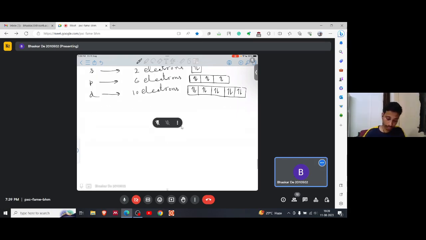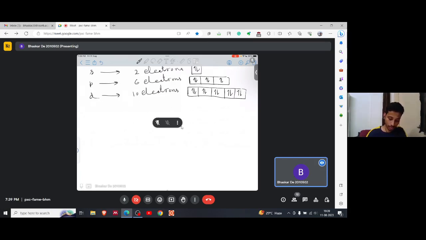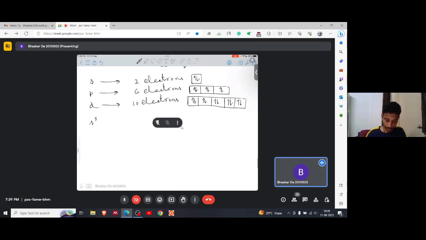Now when we are talking about D, one example is that S3 is not possible, but P3 and D3 are possible.